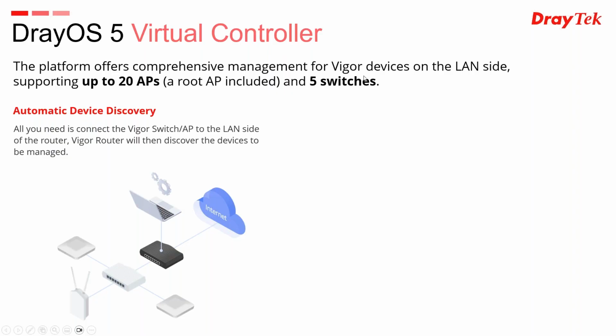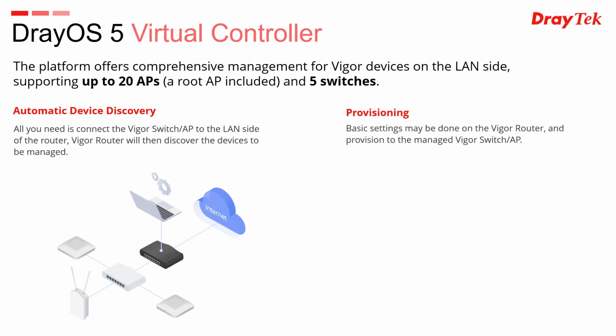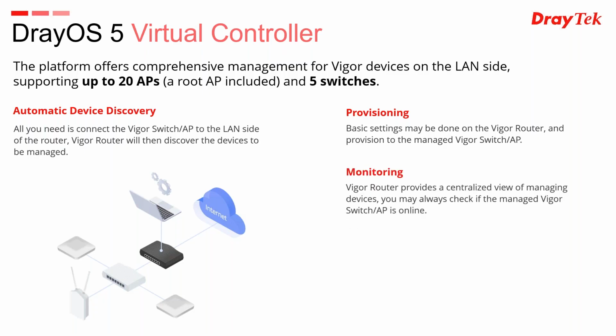Why would you use virtual controller? Because it helps you to automatically discover the DrayTek device, such as the switch or the wireless access point. Provisioning, so settings can be applied to switches and access points in a matter of seconds, really. Monitoring, obviously, yes.